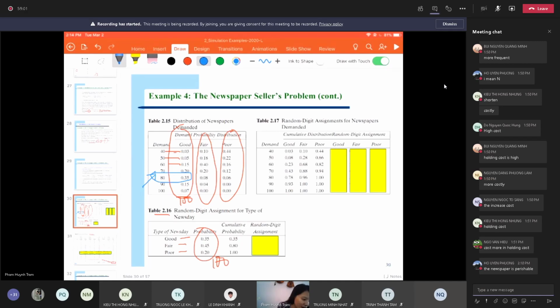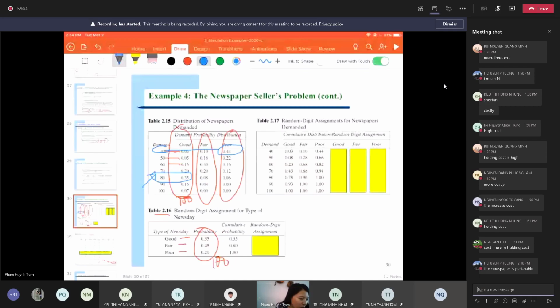If it is a poor day, the majority is here, 44%. The demand is 40, and there is very small probability that the demand is higher than that. So it makes sense. And a fair day, 40% that the demand is around 60. So this is high, this is fair, and this is poor.